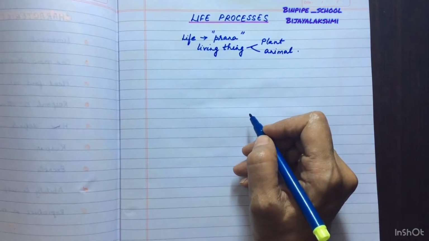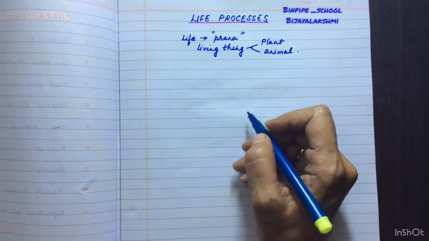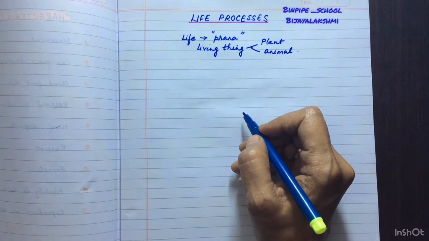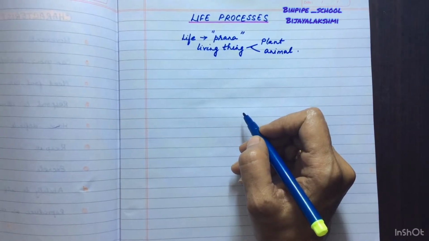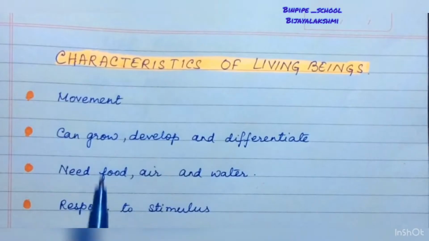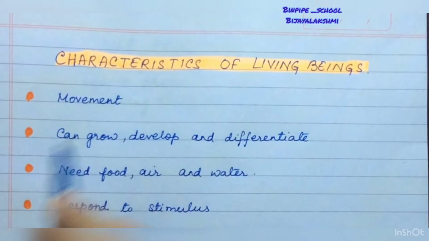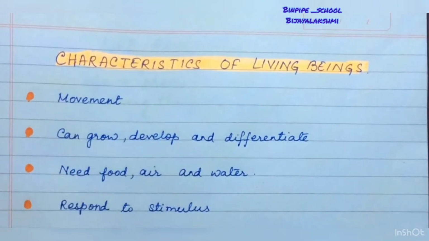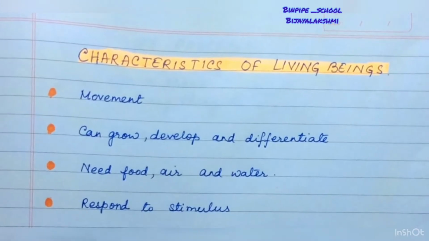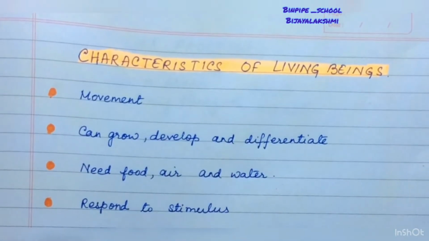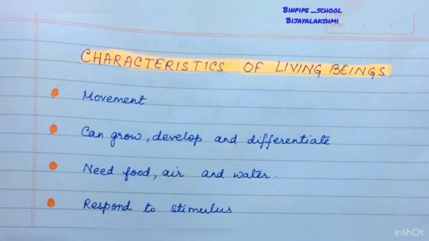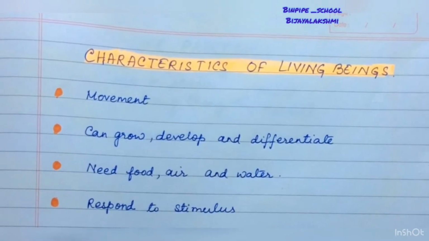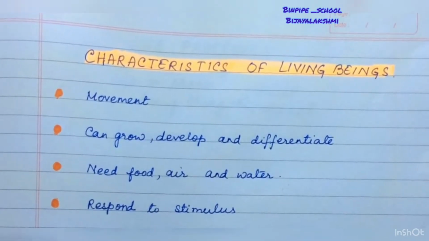Now next the question arises that when they are living, they will have some specific characteristics. Now the first characteristic of living beings is movement. When we talk about movement, that means an organism is able to move, or it can change its position without any external help.